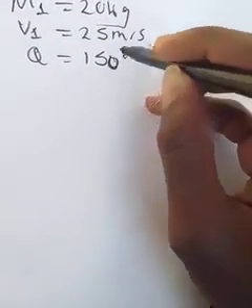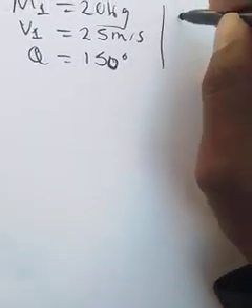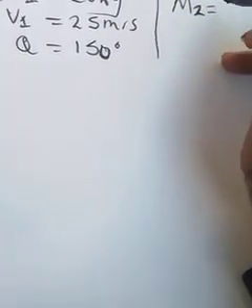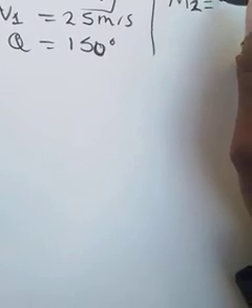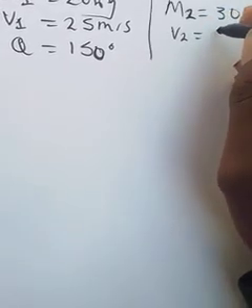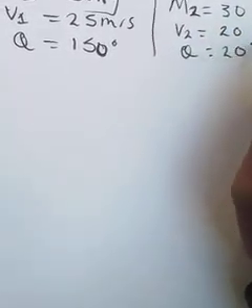I'll explain when we start finding the components. Then the other object, m2, represents the second object. The mass is 30, velocity is simply 20, and the angle is 20 degrees.